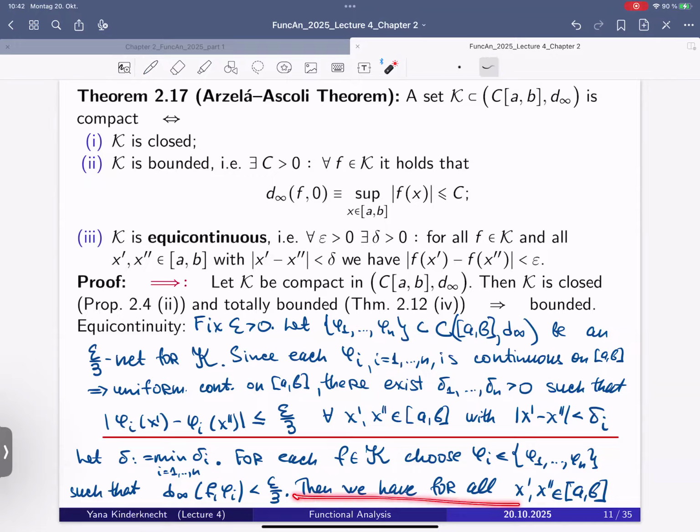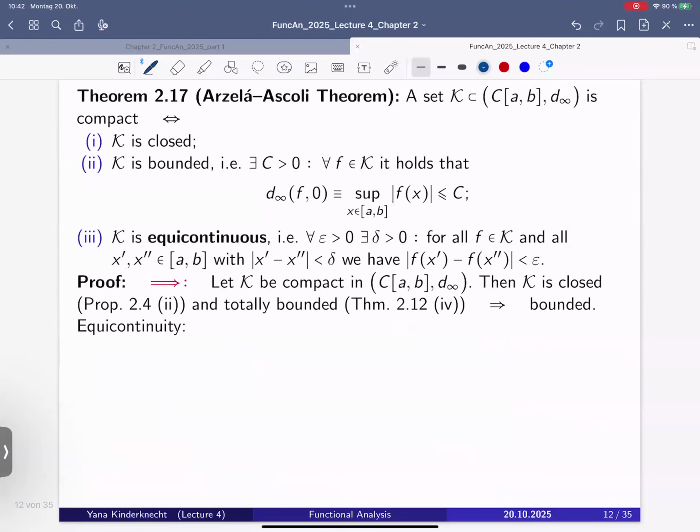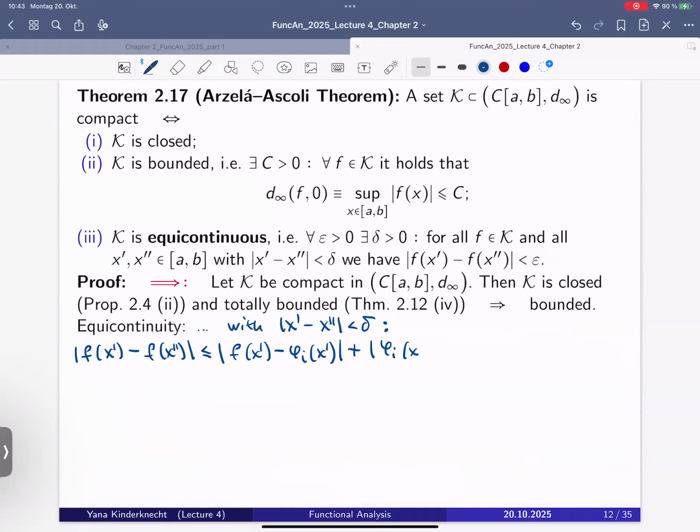Then we have, for all two points with the property that the distance between these two points is smaller than delta, the minimum of all deltas. So what do we have? We have the distance between f of x prime and f of x2 prime. Now we use the so-called three epsilon argument. This is smaller or equal to the absolute value of f of x prime minus phi i of x prime, plus the absolute value of phi i of x prime minus phi i of x2 prime, plus the absolute value of phi i of x2 prime minus f of x2 prime.